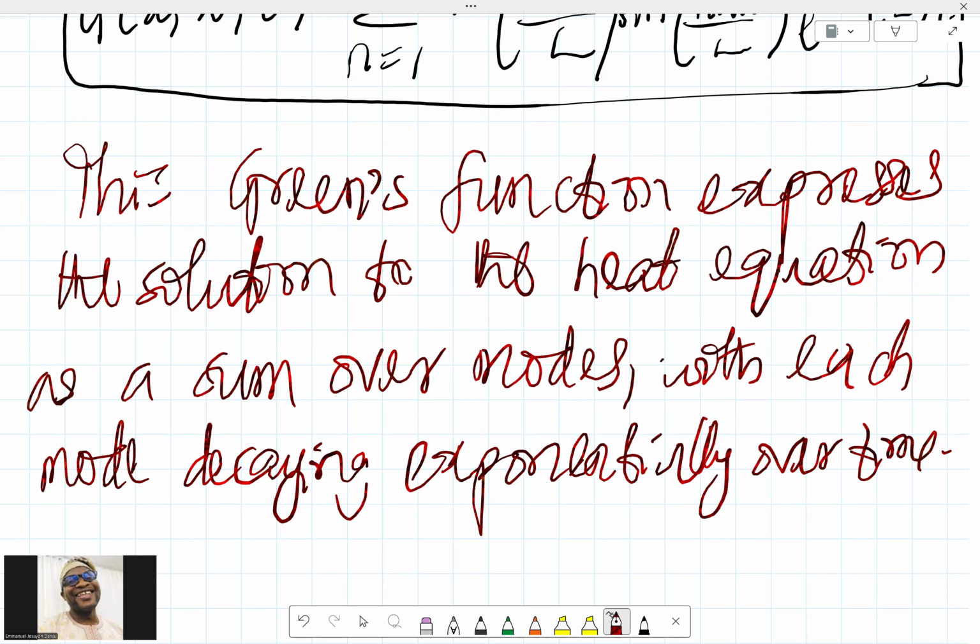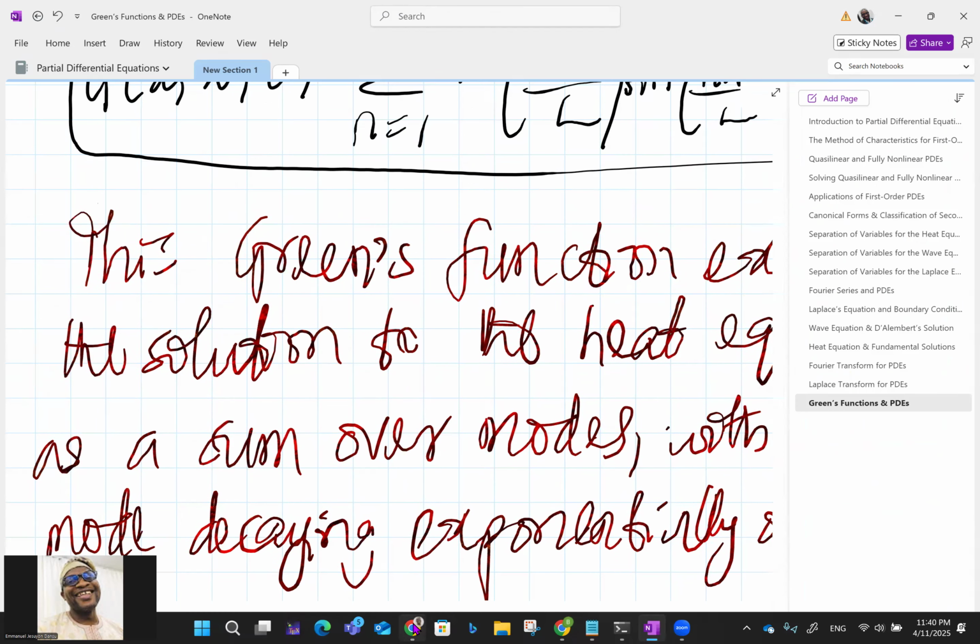So these methods are applicable in a variety of contexts, including electrostatics, heat conduction, wave propagation, and fluid dynamics. The Green's function approach is particularly useful in solving problems with complicated boundary conditions or geometries where direct solution methods may be impractical. To visualize what we have done, let's look at the Python code for this.